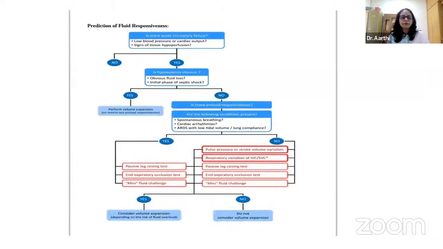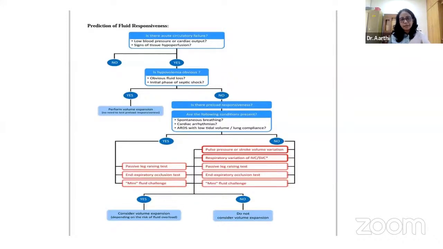To summarize, what type of monitors can we utilize in patients with acute circulatory failure? When we have low blood pressure, low cardiac output or signs of tissue hypoperfusion, you need to assess whether to give fluids or restrict fluids. When there is fluid loss, or in a patient with septic vasodilated shock, it is obvious that we need to go for volume expansion.